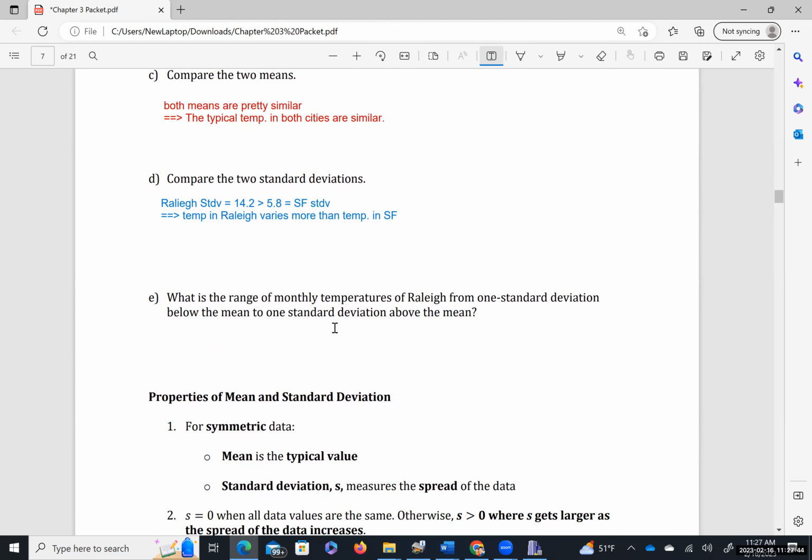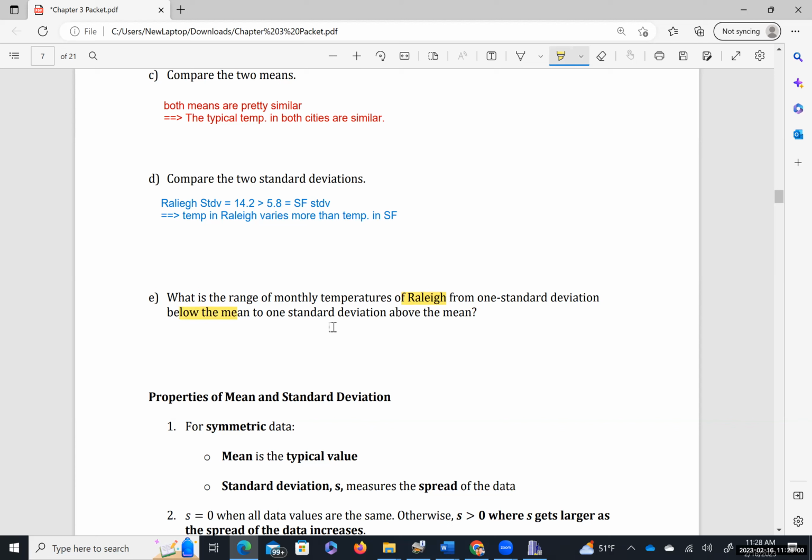In part B, what is the range of monthly temperature of Raleigh from one standard deviation below the mean to one standard deviation above the mean? Keep in mind that this is for Raleigh only, right?